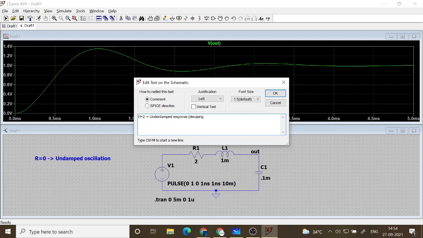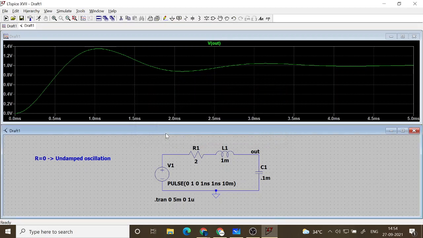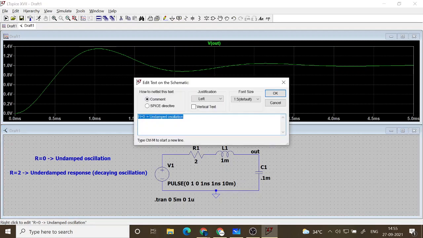Oscillation is there, but it is dying out. Whereas the first case, this is undamped response, where it oscillates forever.